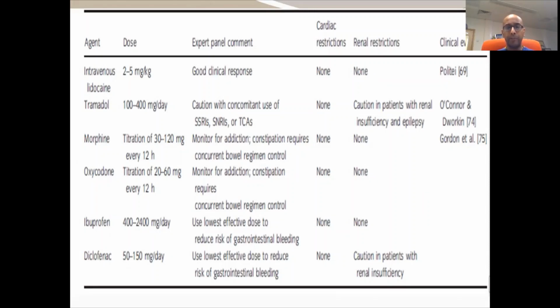Clearly, things like morphine and oxycodone may have a role to play, but their long-term benefit is doubted, and there are a range of sequelae, a range of consequences that could be deleterious in a Pompe's patient. So Pompe's disease patients often have, for instance, nighttime hypoventilation.